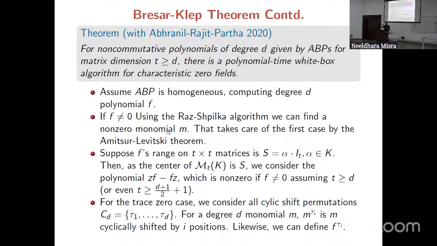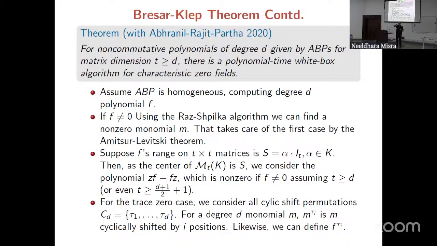So the idea simply is that there are two ideas. One is that the trace of a product of matrices is invariant under cyclic shift, because trace AB is equal to trace BA.